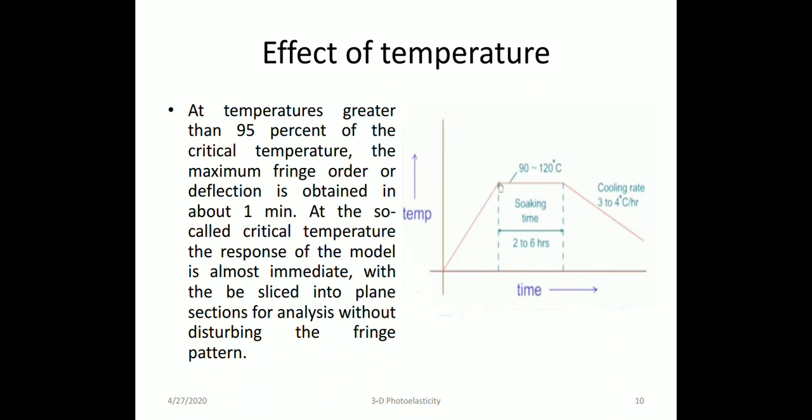The response of the model is almost immediate at these critical temperatures, and the model is sliced into plane sections for the analysis without disturbing the fringe pattern. That means at a temperature around 90 to 120 degrees Celsius, we are taking up the model and carefully cutting it into separate pieces and analyzing it.